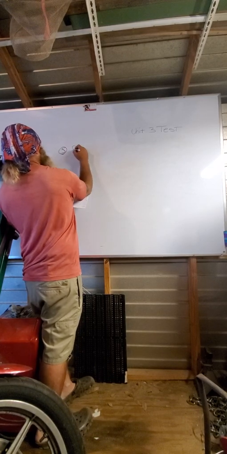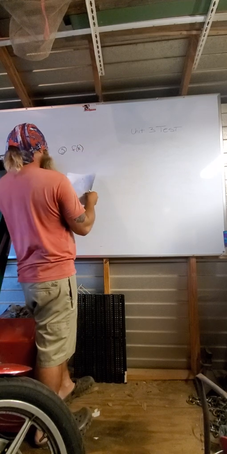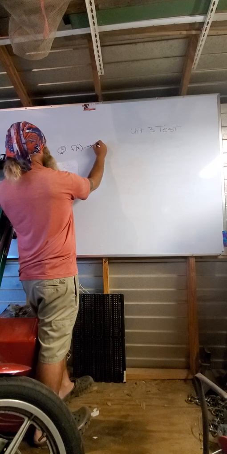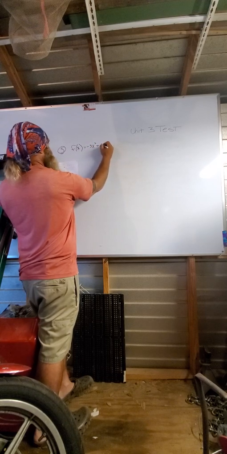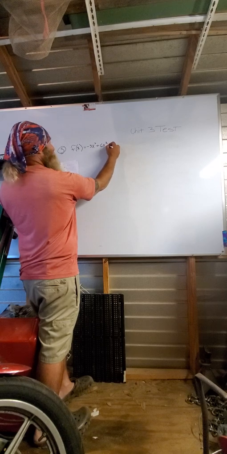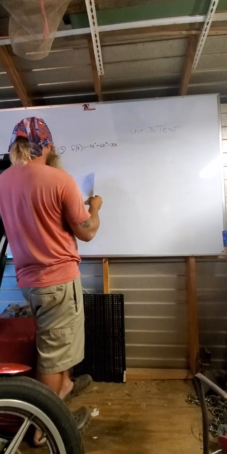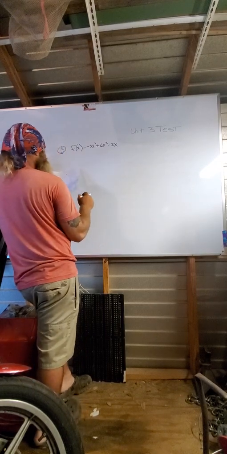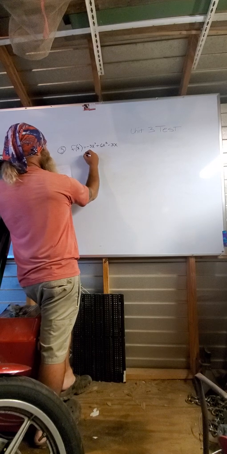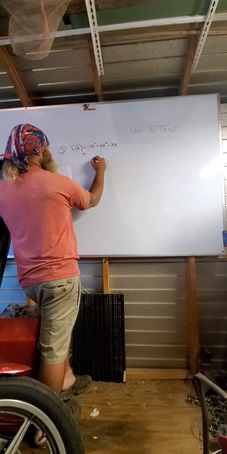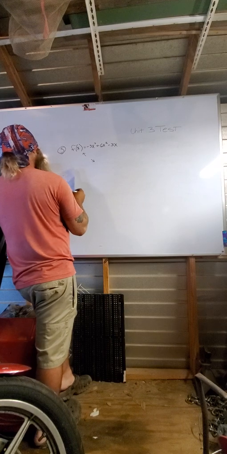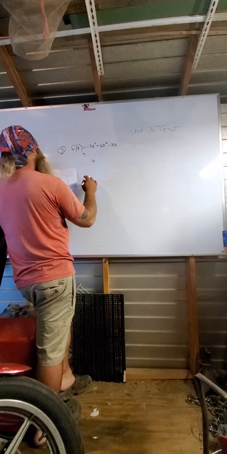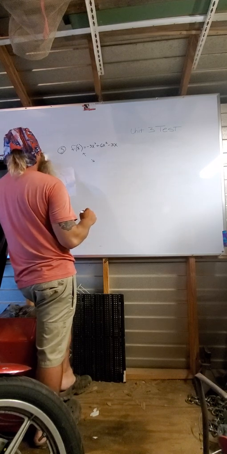Number 5, f of x equals negative 3x to the third plus 6x squared minus 3x. First, we're going to look at the end behavior. The end behavior is rising left and falling to the right, because it's an odd degree and a negative leading coefficient. So that's why it rises to the left and falls to the right.